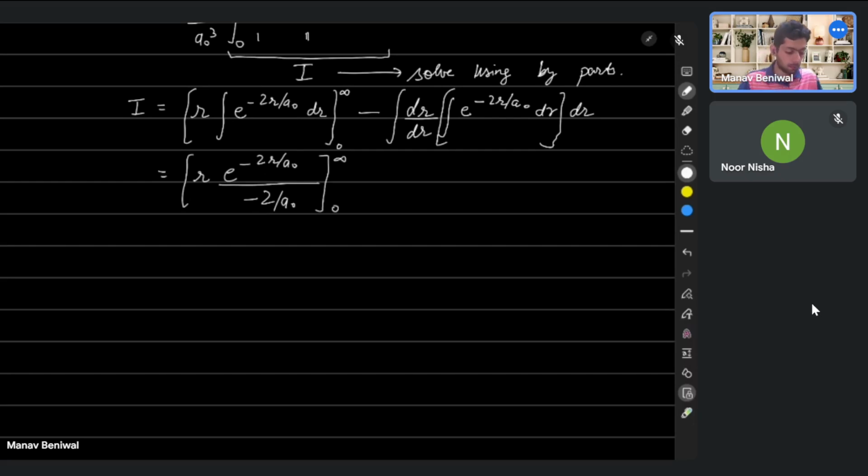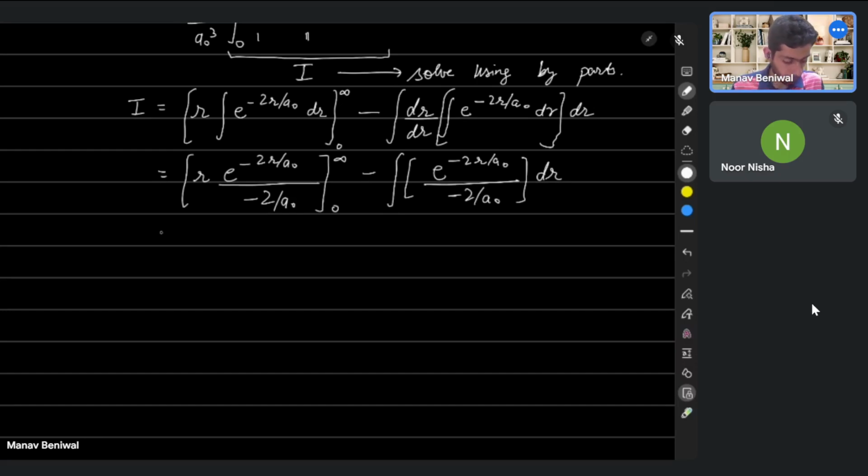And here this integral, again as we discussed, will become e to the minus 2r by a naught divided by the same thing, minus 2 by a naught, dr.